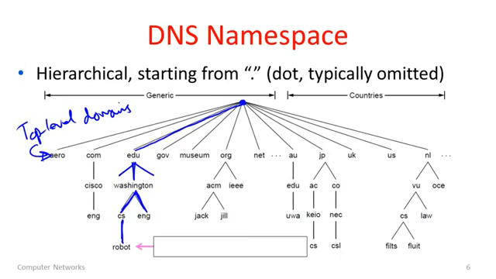The reason I've highlighted some of these branches is just to get down to the end, so there'll be all sorts of other ones off the tree here. But for the path at the end, we would write this host name. This would be robot.cs.washington.edu.